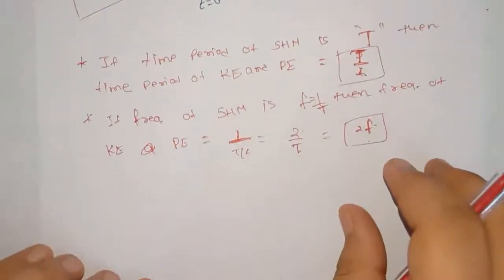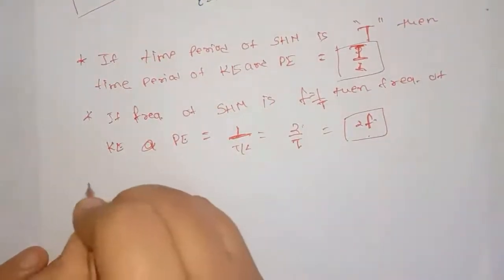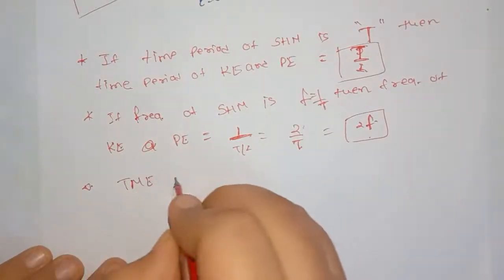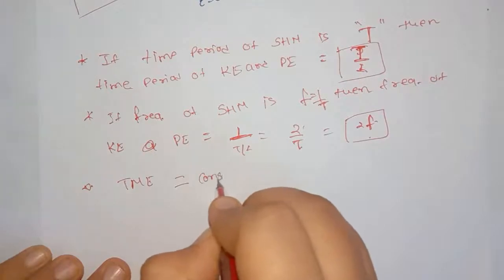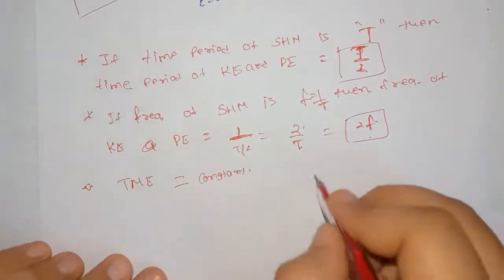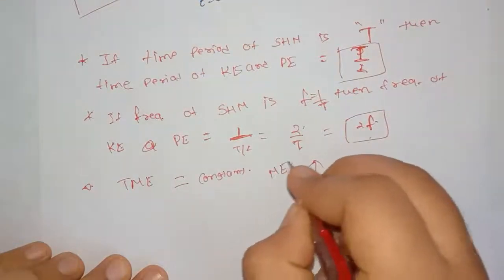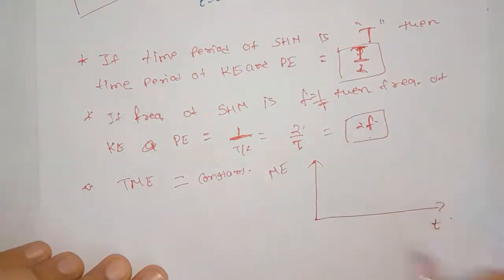Now, what is the time period of total mechanical energy? The total mechanical energy always remains constant. So if we draw the graph of mechanical energy versus time, then we'll get this.